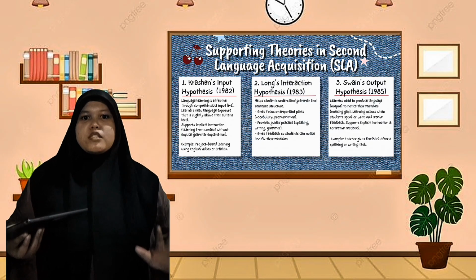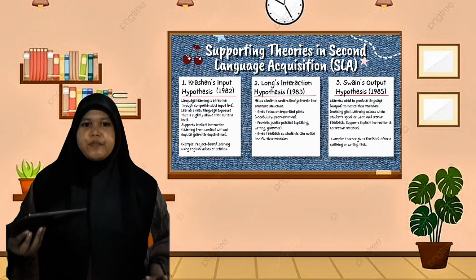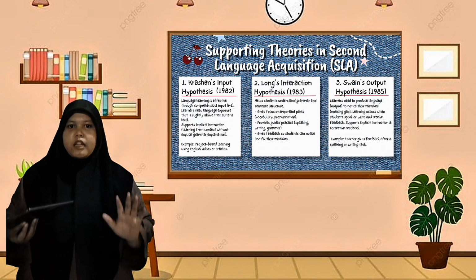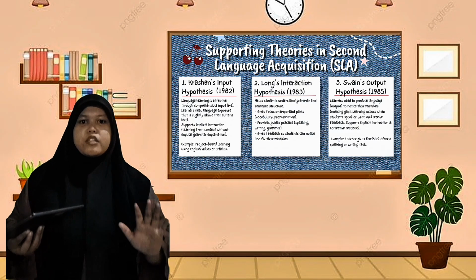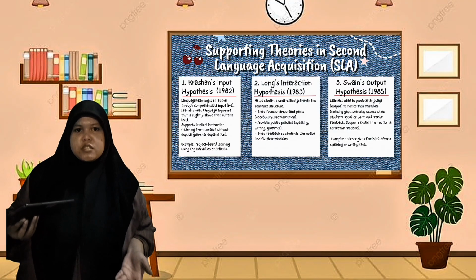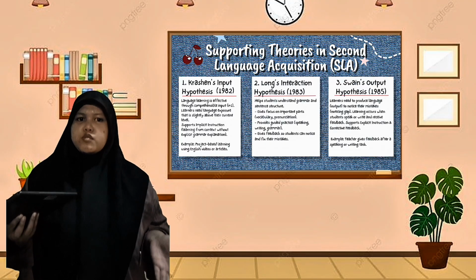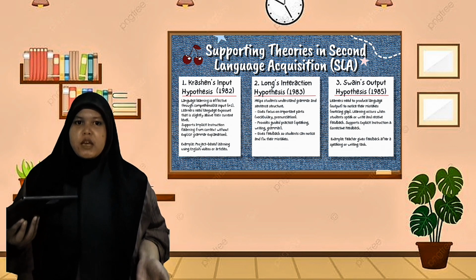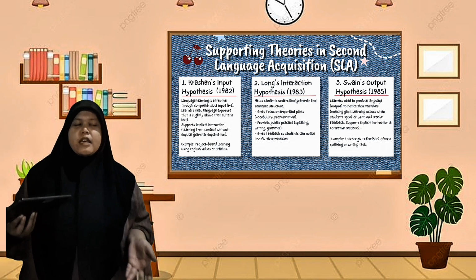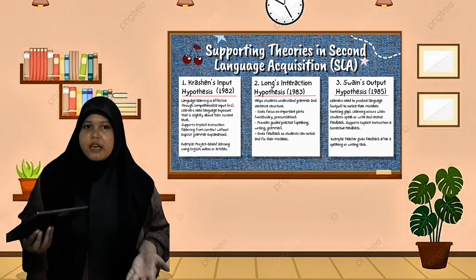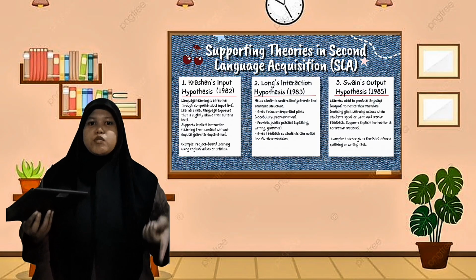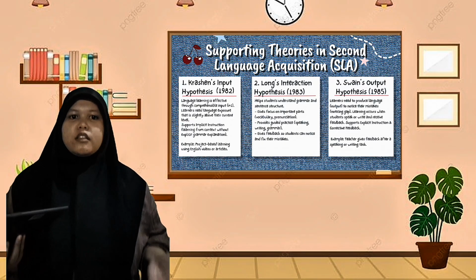The second theory is Long's interaction hypothesis. Long argues that language is best learned through interaction, by asking questions, requesting clarification, or negotiating meaning. Something as simple as saying, sorry, can you repeat that again? Actually, that will support language learning.